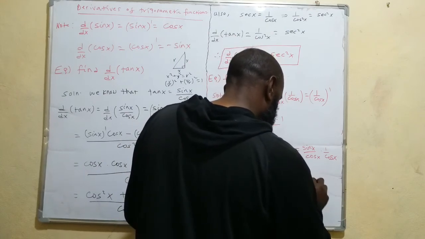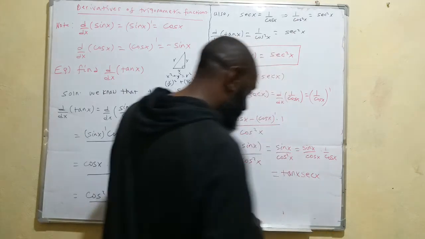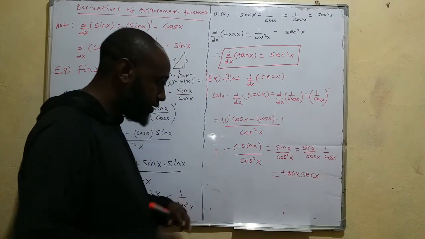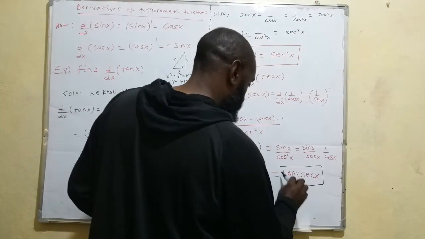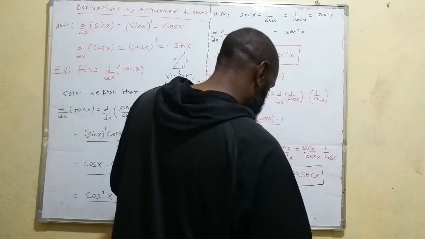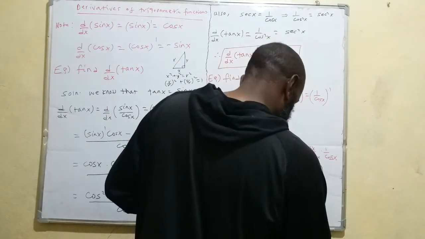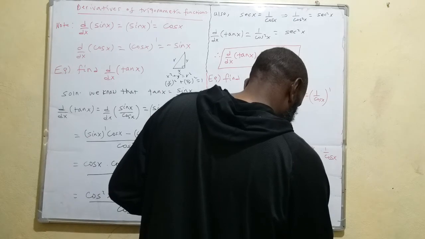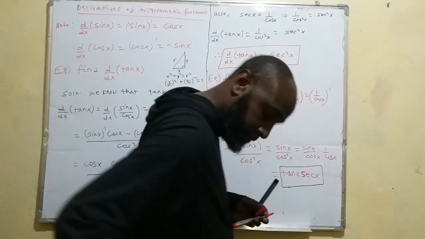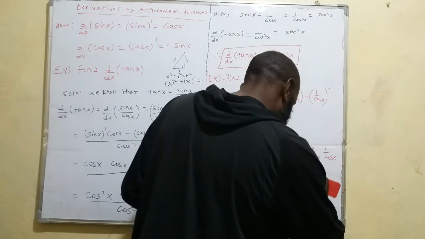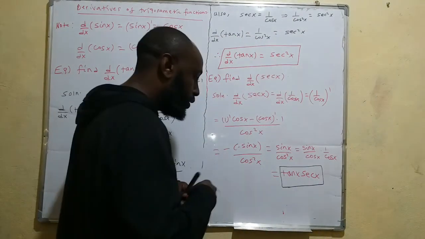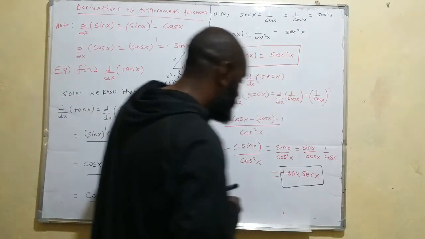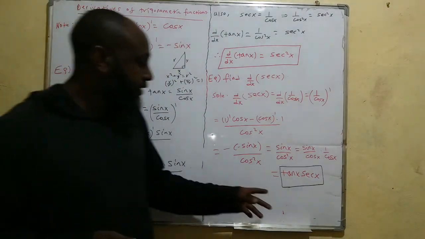So tan x sec x is the final result. So the derivative of sec x is tan x sec x.